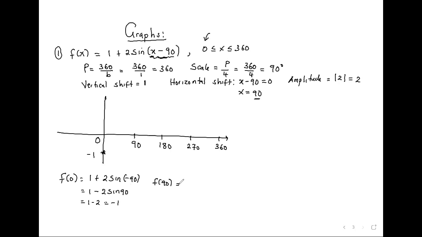Then you do what is f of 90. So following the angles, that would be 1 plus 2 sine 90 minus 90. That is 1 plus 2 sine 0. Sine 0 is 0. So I'll just get 1. So we have 1 here. Then substitute 180.